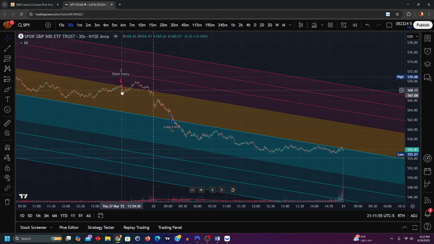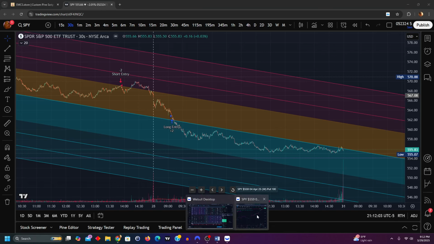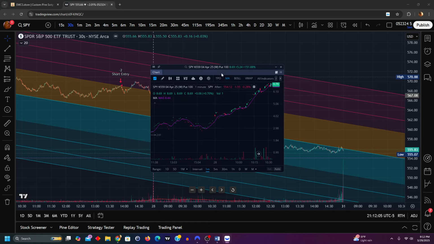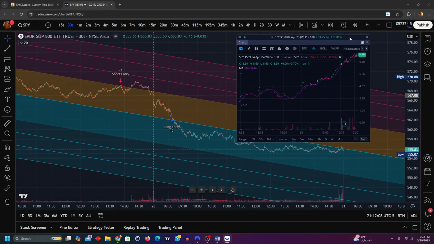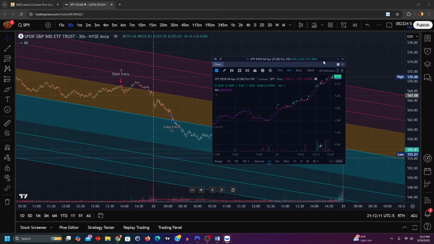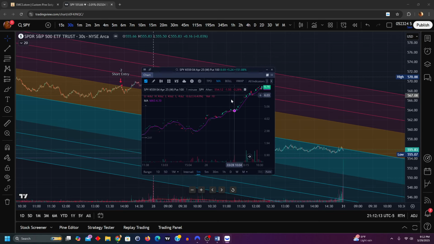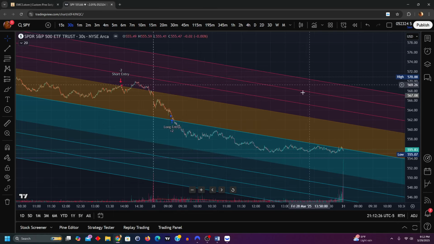If you remember from some of my previous videos, it's probably just a setting I need to change in Webull, but these option contract charts are set on Eastern Standard Time, and this chart with TradingView is on Central.